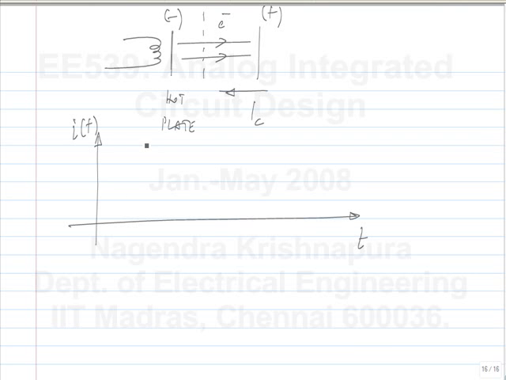So what will be the form of current? If I plot I of t versus t, what will be the current? Maybe, let me not even plot I, let me plot q. What will be q versus time?